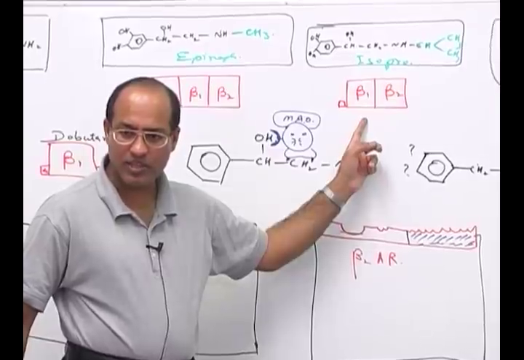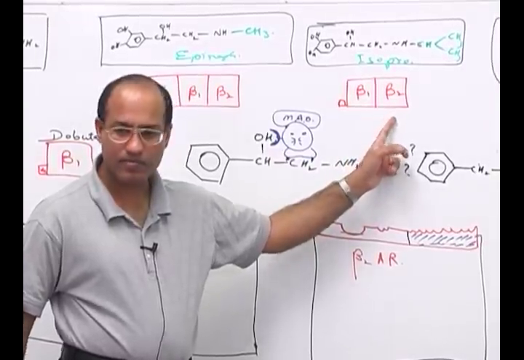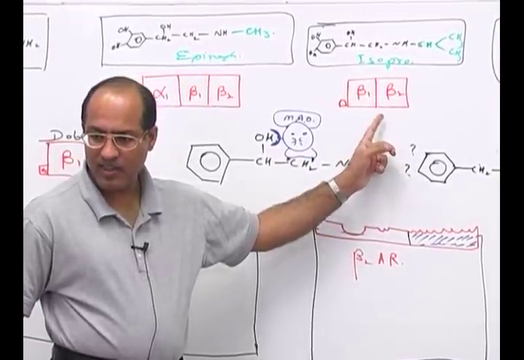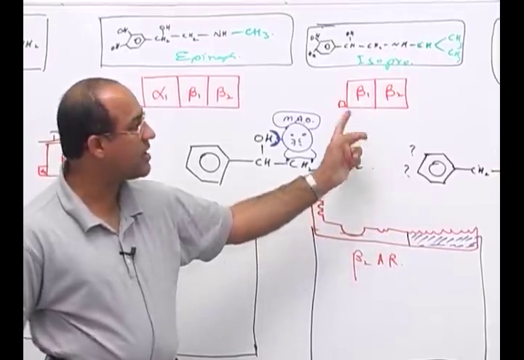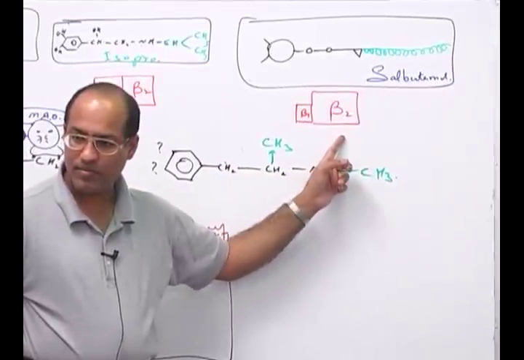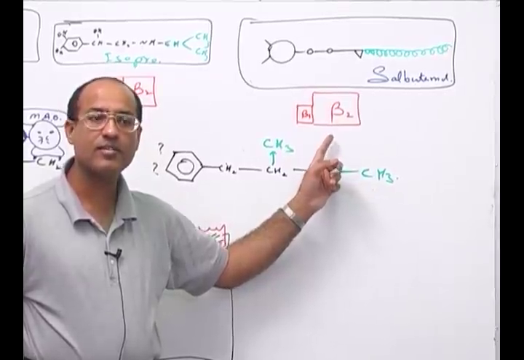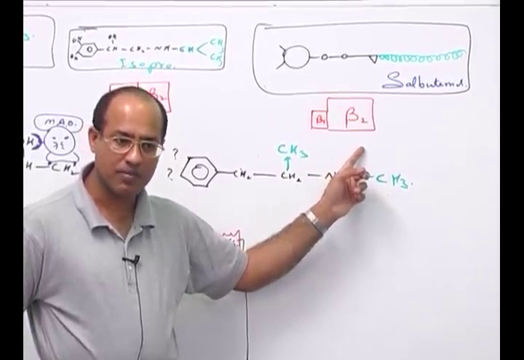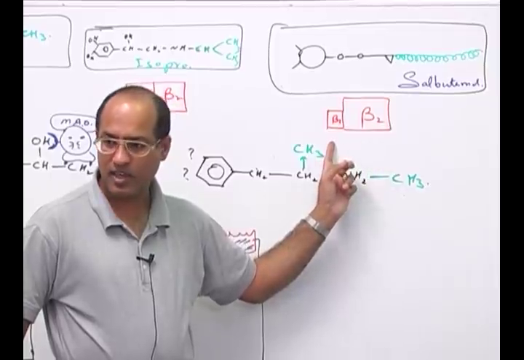This is cardiostimulation, bronchodilation, tremors, hyperglycemia, hyperkalemia. This is mainly bronchodilation with hyperglycemia, hyperkalemia, but little cardiostimulation.